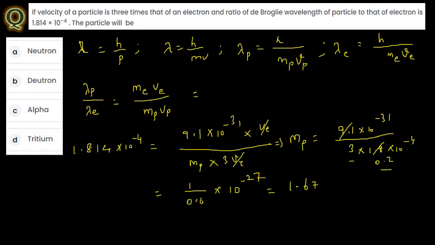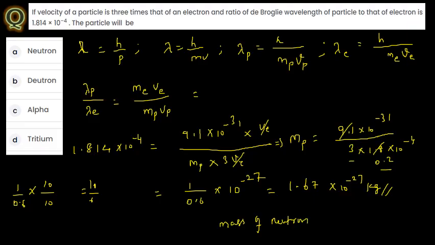You just remember this one, multiply and divide by 10 here. So 1 divided by 0.6 is 10 by 6. 10 by 6 is 1.67 into 10 power minus 27 kg. So this is approximately equal to the mass of neutron. So this is about the mass of neutron. So that particle is neutron.